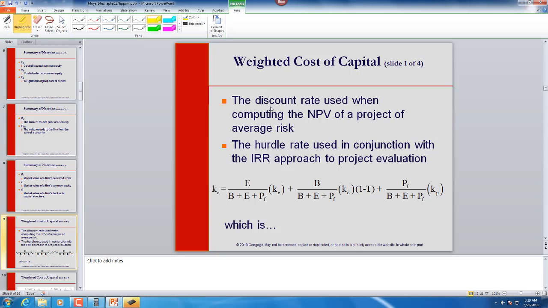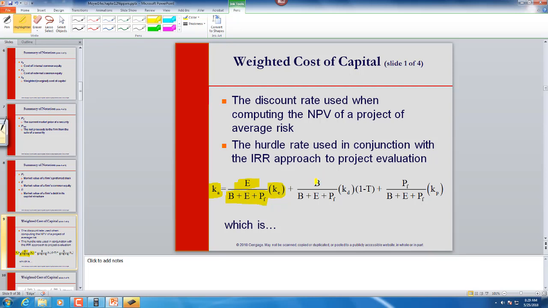They're not talking about above average or below average risk, just average risk. It is the hurdle rate used in conjunction with the IRR approach to project evaluation. If you take a look at this, the weighted average cost of capital equals the equity portion of the market value divided by bonds plus equity plus preferred, multiplied by the cost of equity.